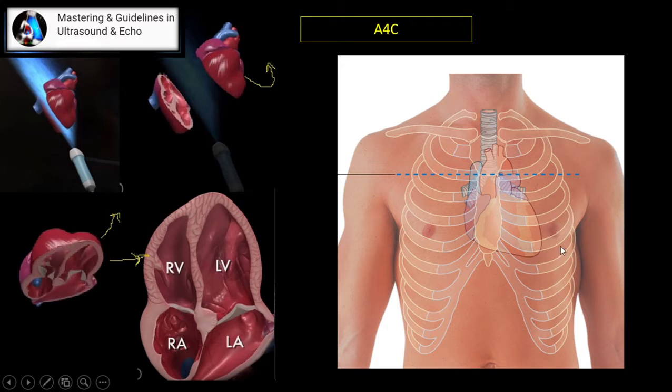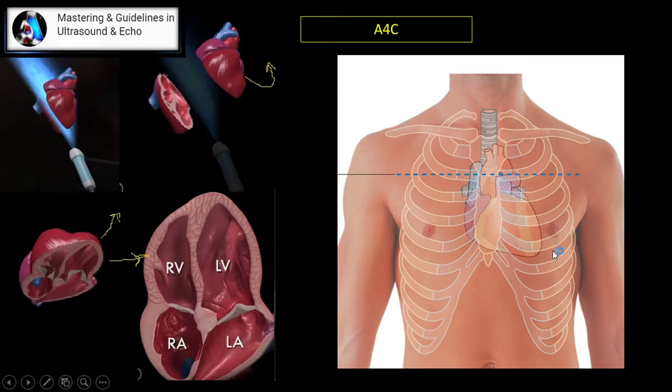So instead of finding the apex in the fifth space, maybe you have to find it at the fourth intercostal space. The opposite in tall and skinny people: usually the heart is more vertical and the apex moves a little lower.